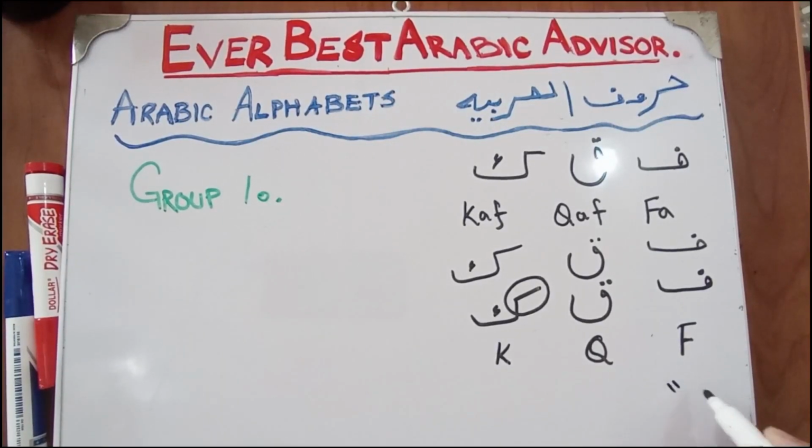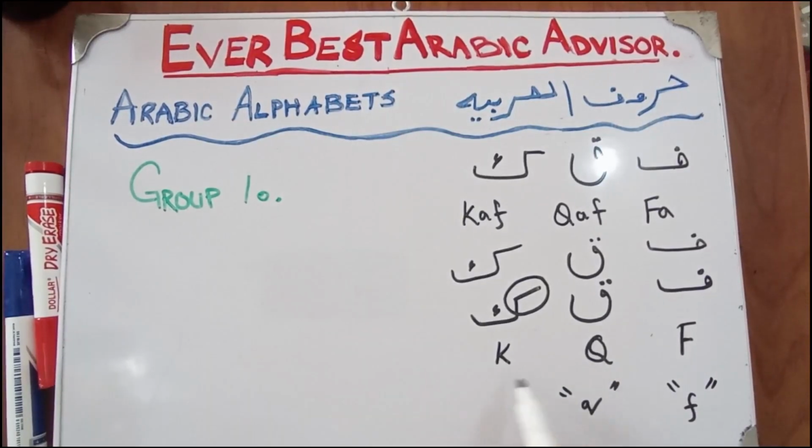The phonics of the fa is just like f in fan, and for qaf, q, and for letter kaf, it is just like k in kettle.